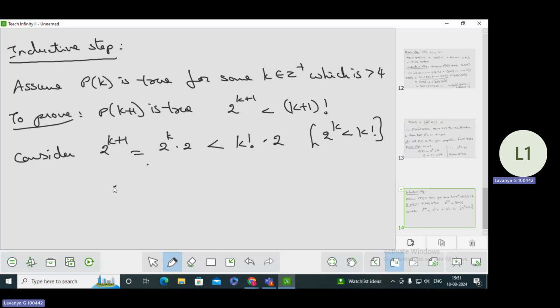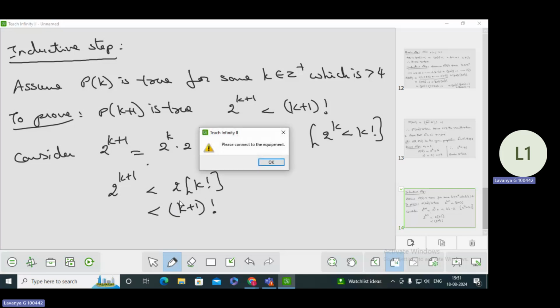If this 2 power k plus 1 is less than 2 into k factorial, it is going to be strictly less than k plus 1 factorial. How am I coming to this conclusion? Because k takes values more than 4. So definitely k plus 1 into k factorial means minimum 5 into k factorial. It is going to be greater than 2 into k factorial.